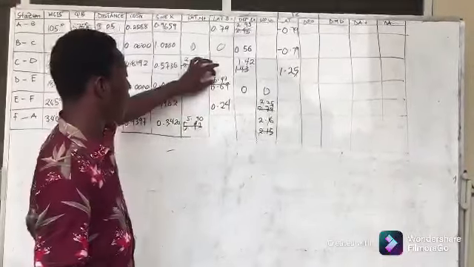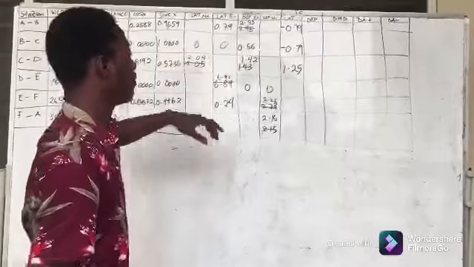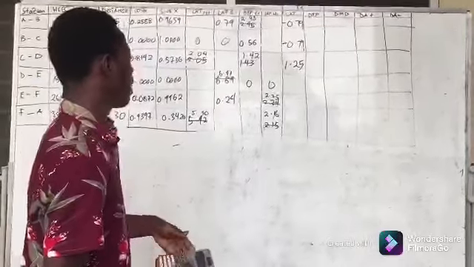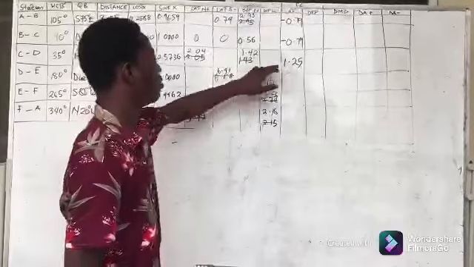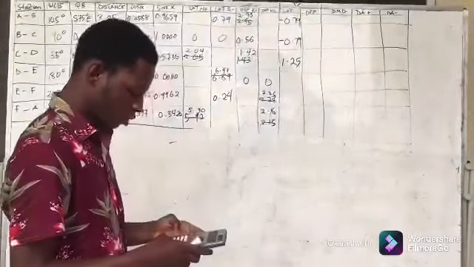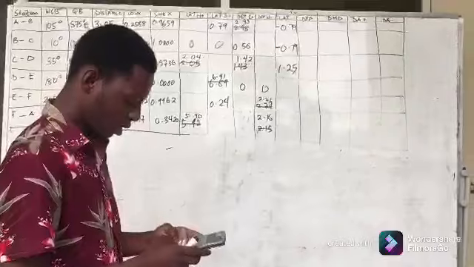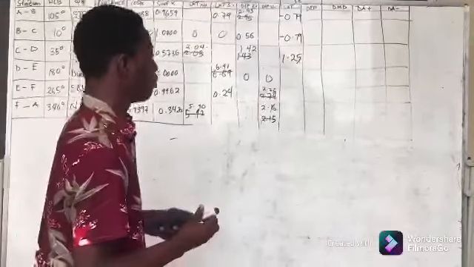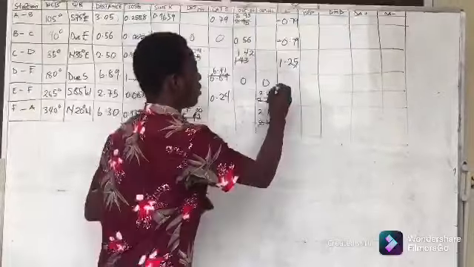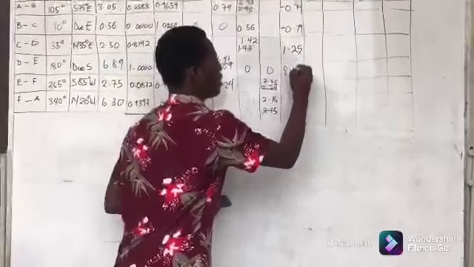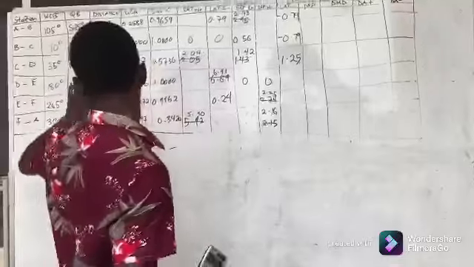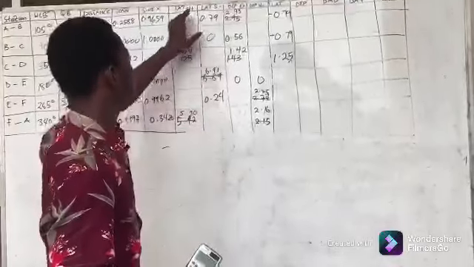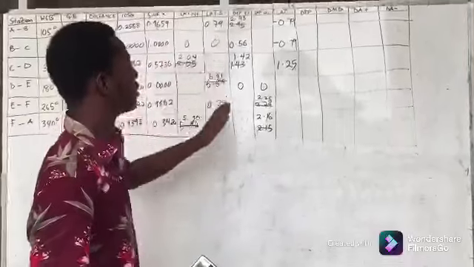So the latitude is 6.91, and 6.91 is under the south section.